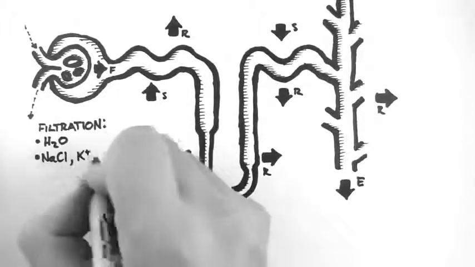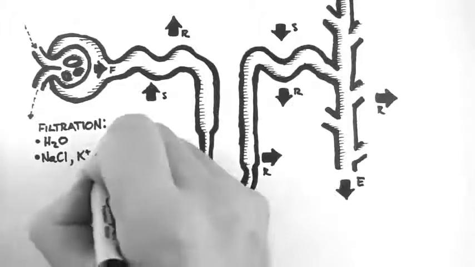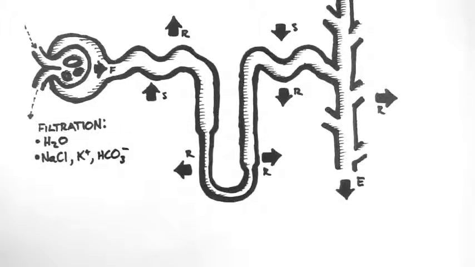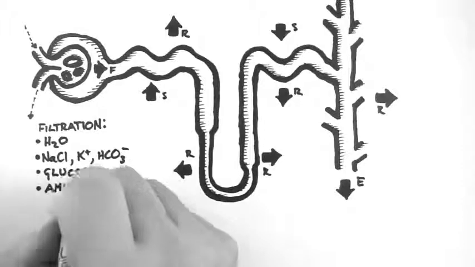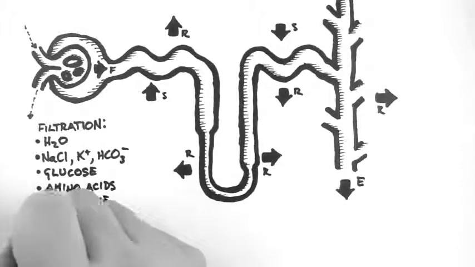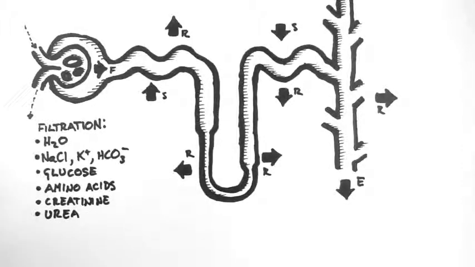Sodium and chloride usually move together, so in this video, I consider them as one rather than listing them individually. There is also potassium and bicarbonate, glucose, amino acids, creatinine, and urea. Creatinine and urea are waste products, and one of the main purposes of urine production is to remove products like these from the circulation before they build up and become toxic.